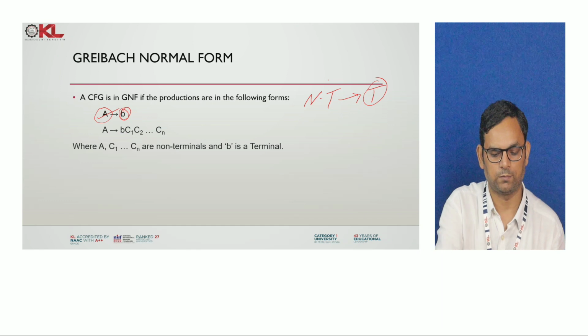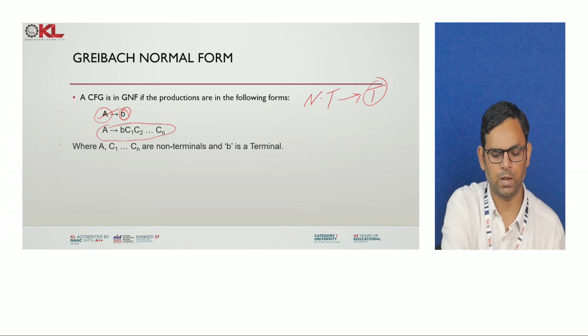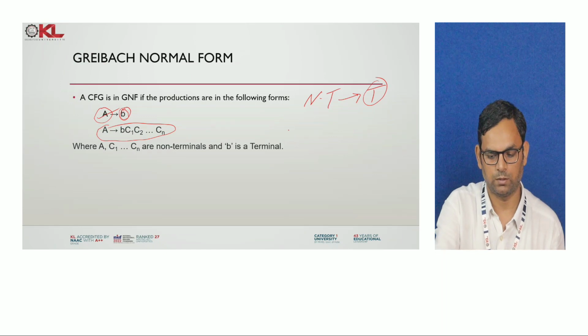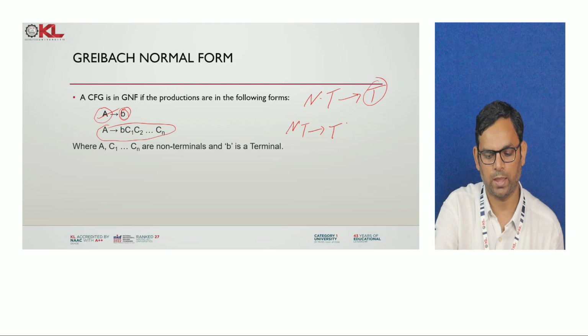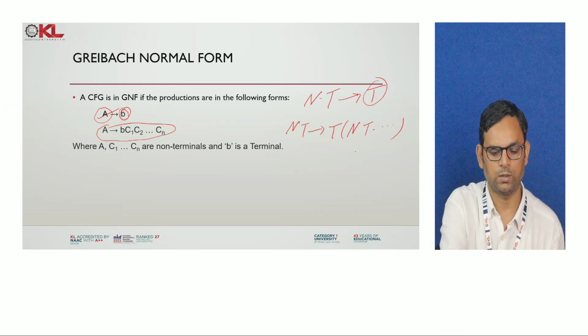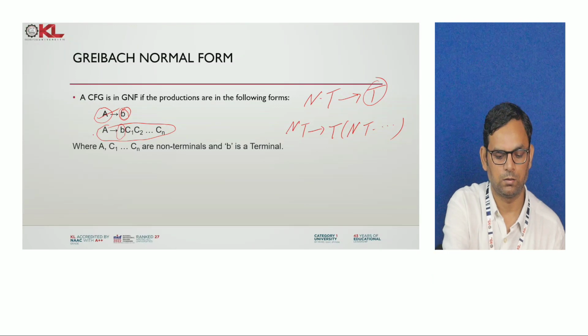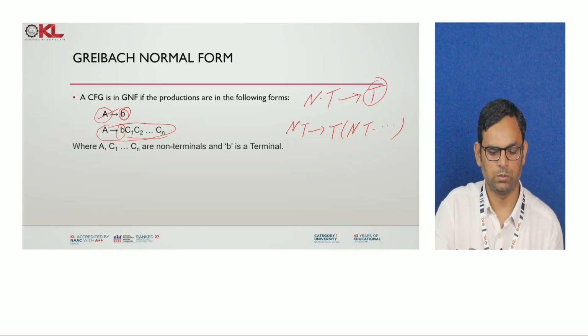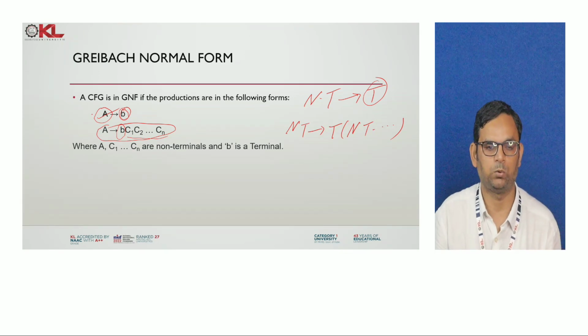And the second production allowed in GNF is any non-terminal deriving a terminal followed by any number of non-terminal symbols. Okay, means one terminal, followed by many non-terminal symbols. So only these types of productions are allowed in GNF.